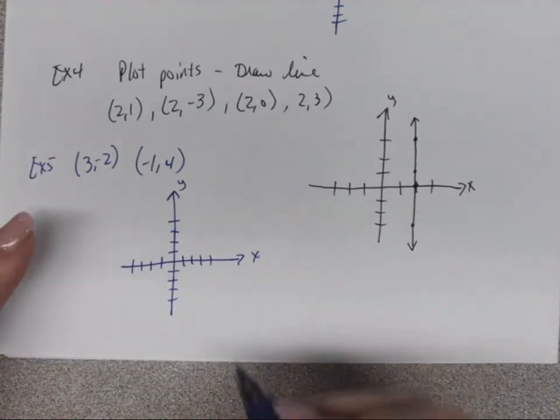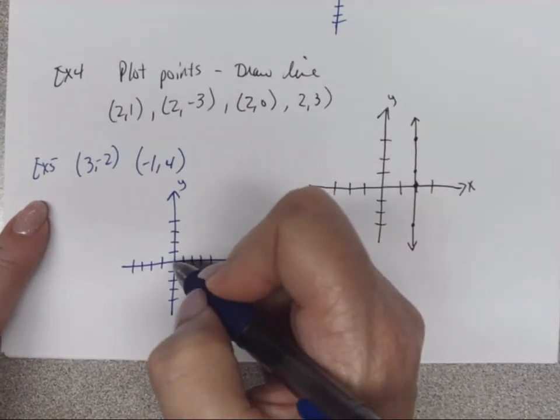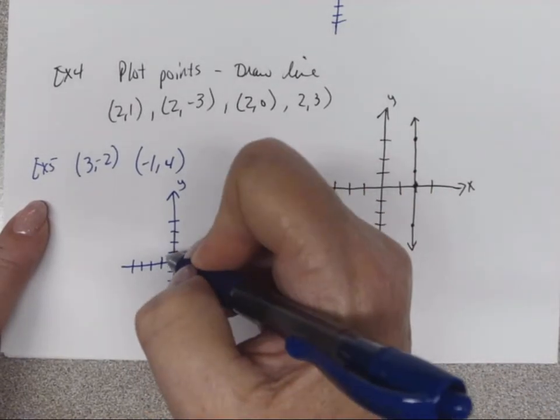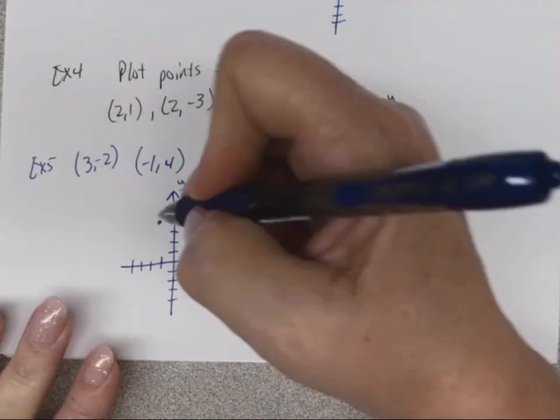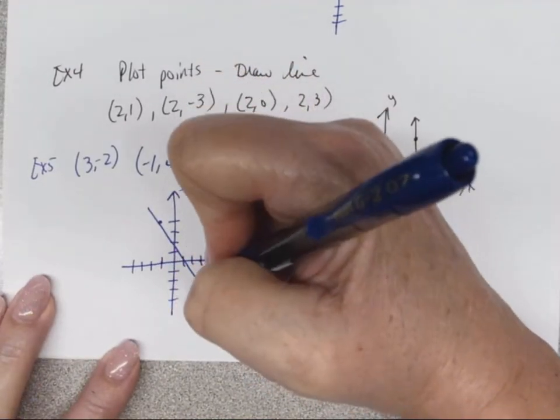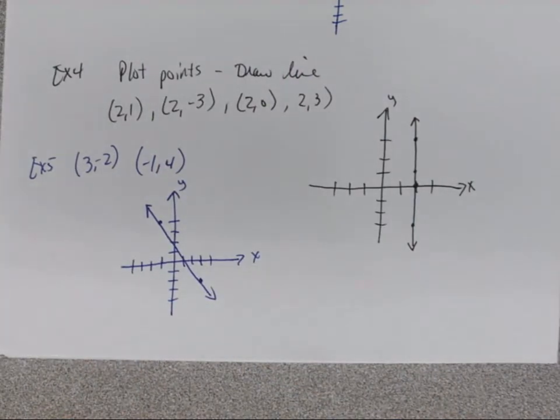So 3, -2 and -1, 4. So make sure you're graphing it correctly. Draw the line and put arrows on it. And that's all you have to do for the graphing.